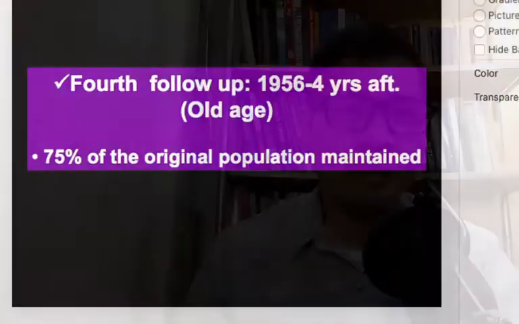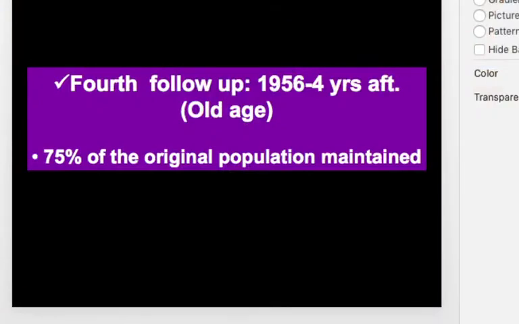The fourth follow-up of this longitudinal study was done in 1956. That was 4 years after the previous follow-up. So marami mga tao dito ngayon are already in old age, pero ang naging problema dito, 75% of the original population was maintained. Yan yung isang problema sa longitudinal research, no? May tendency na hindi mo nakukumpleto or nawawala ng paunti-unti yung mga participants mo as the study continues for different reasons.